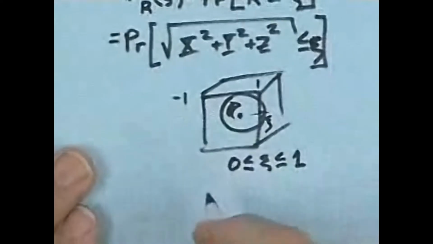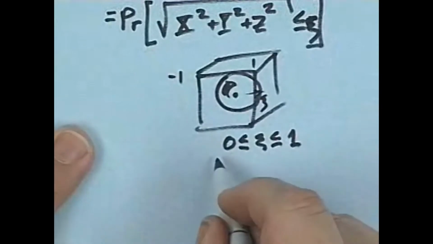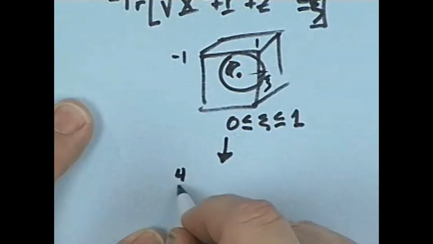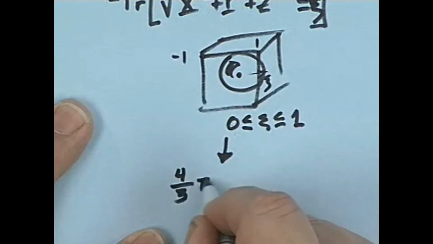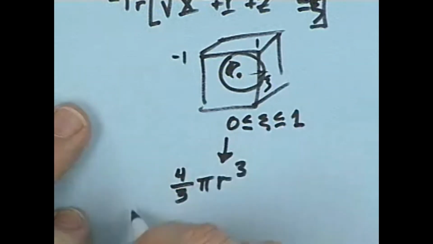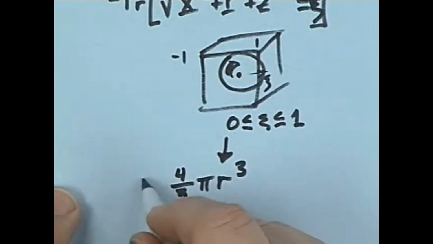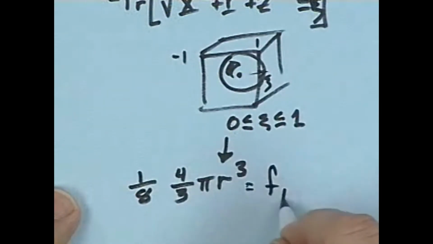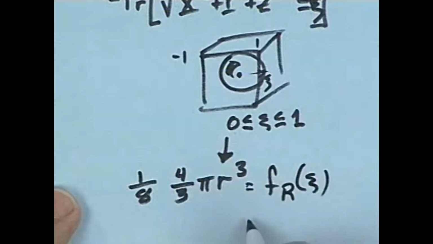And of course, the volume of the sphere over this interval is 4/3 pi c cubed, right? And the value within the sphere is equal to what? 1/8, since it's uniform throughout the sphere. So this is equal to the distribution function for r over the interval from 0 to 1.